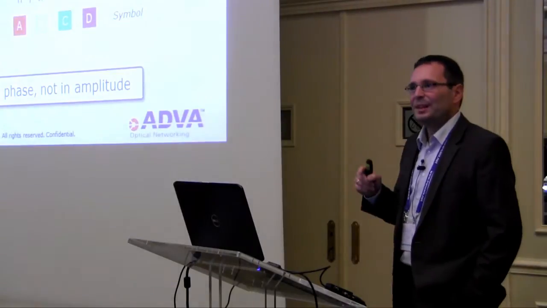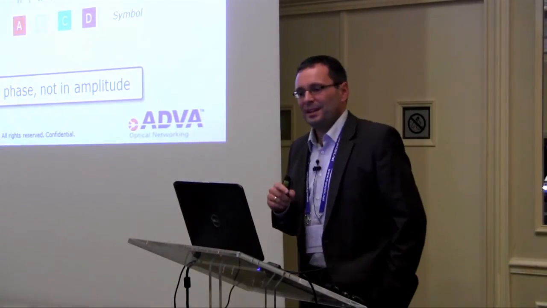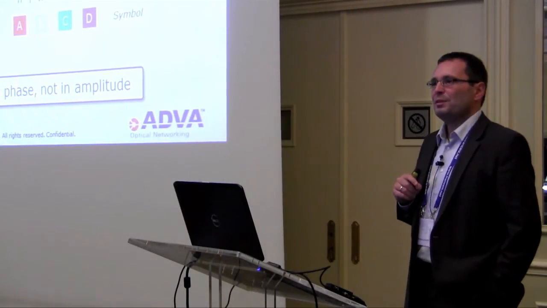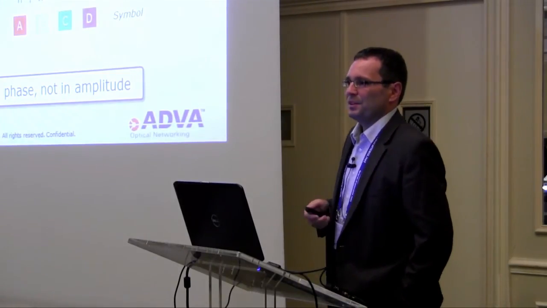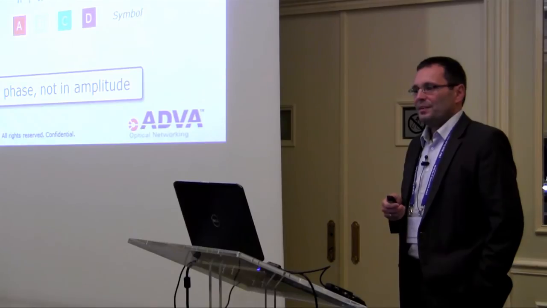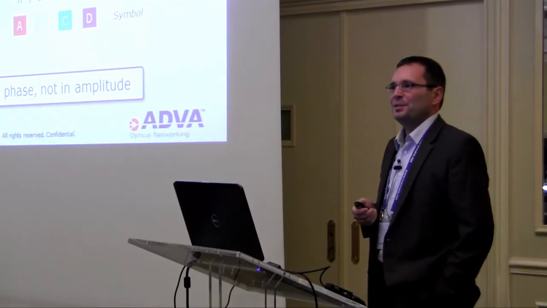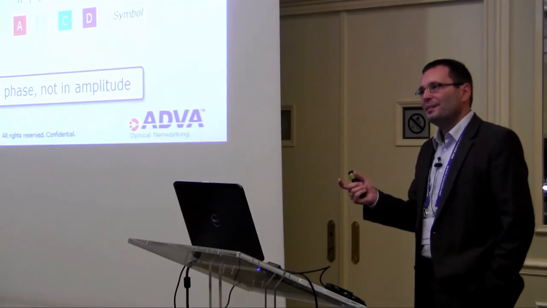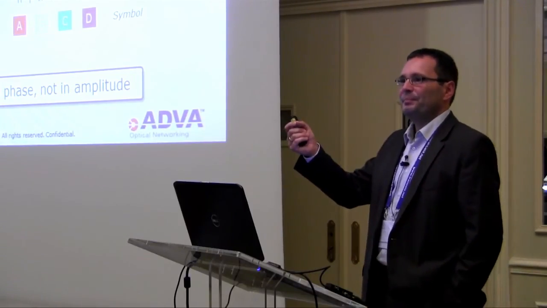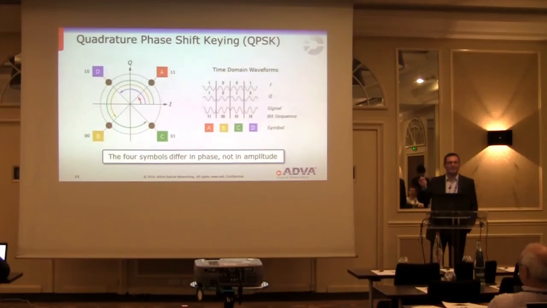So that makes it a little bit easier. But suddenly we get 4 symbols coded basically in 1 hertz. So they differ in phase, but not in amplitude. And this gives us a gain of 2, because we can code 2 bits by just sending 1 symbol. Understood? Okay.